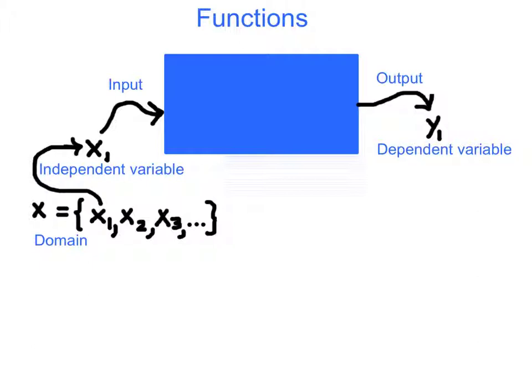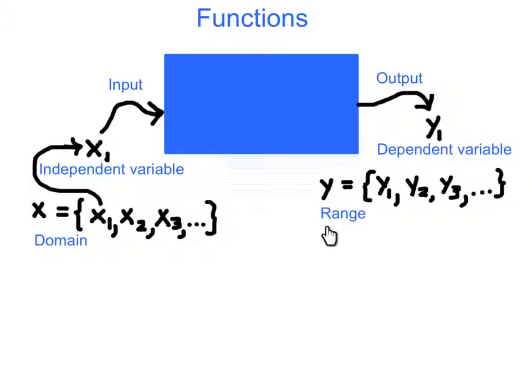The output values are a set of values, y1, y2, and so forth, that correspond with the input x values. This set of values represents the set of all y values. These values are known as the range.